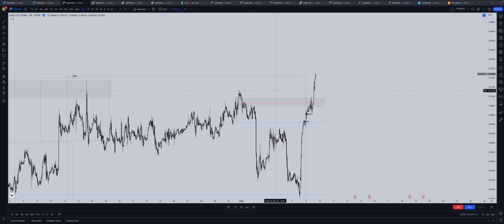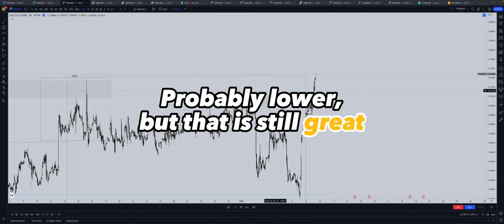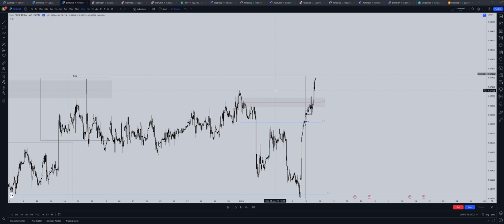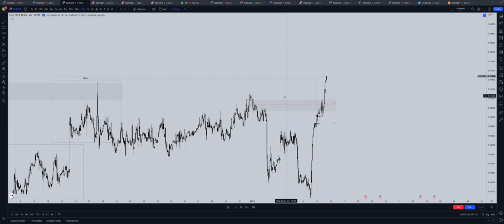But in reality, a 1 to 5 is more than enough when your win rate is about 50%, maybe lower. Even if it's 20%, you can still be really profitable in the end. Maybe if you take it to 1 to 6, 1 to 7. So those are all things to consider when you're taking your profits.